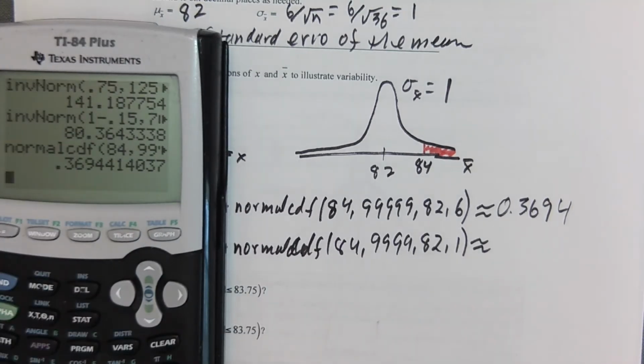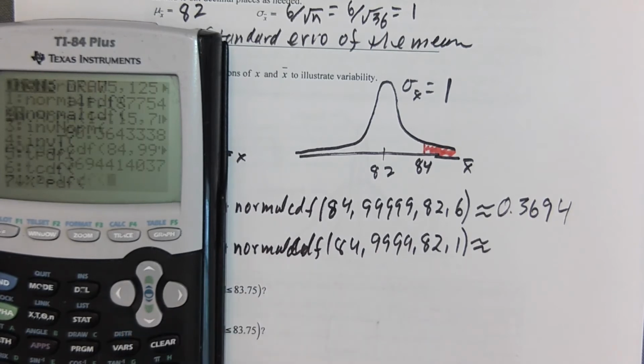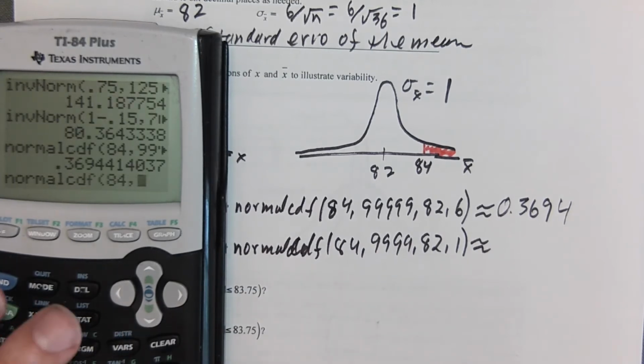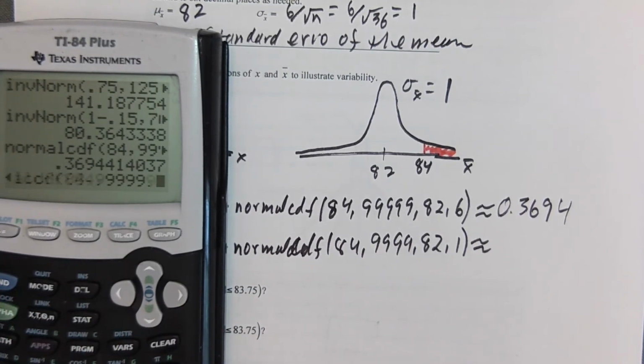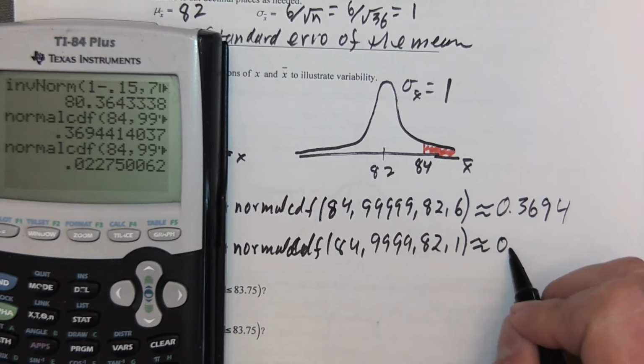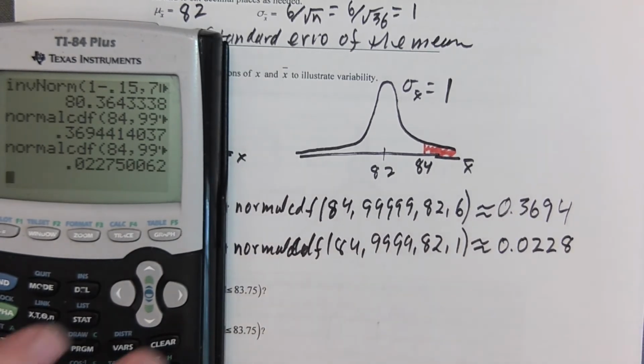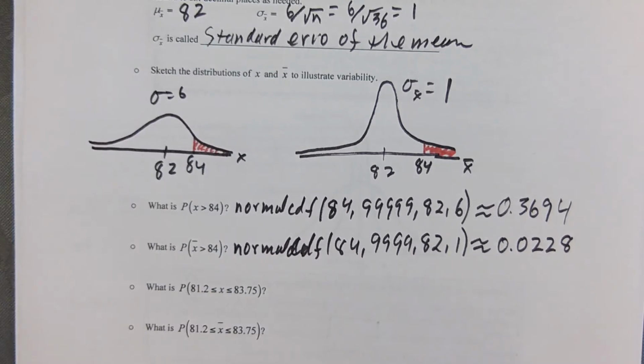So now 84, 999, 82, 1 now. And you can see this drops a lot. And the larger the sample gets, the lower it drops.